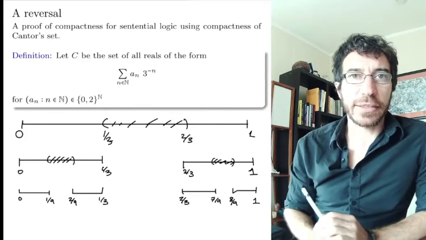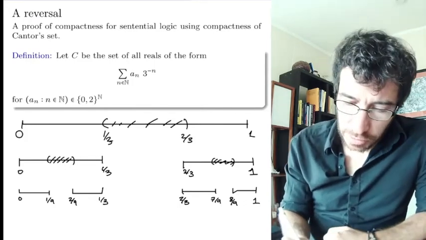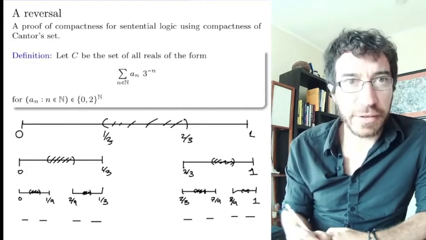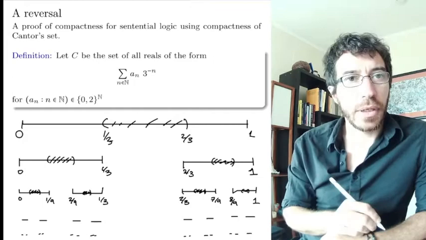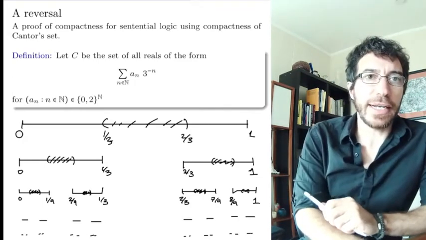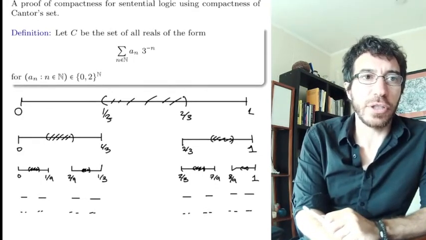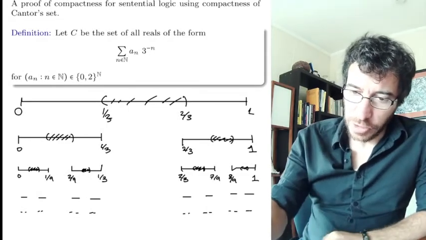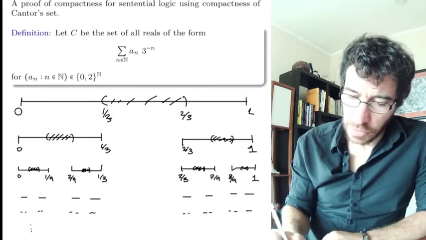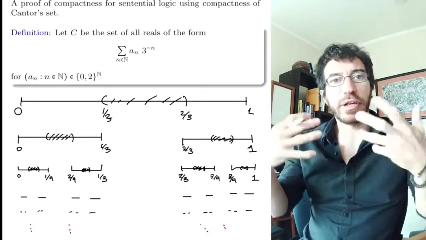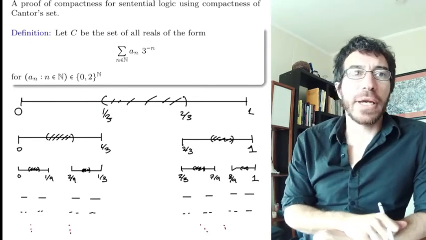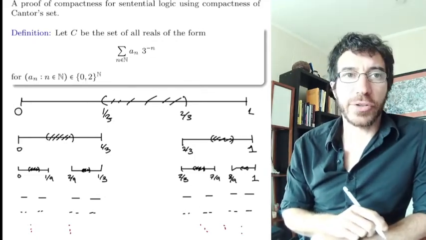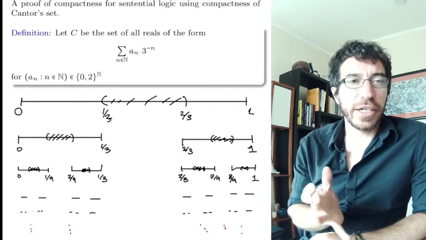And we keep on going like that, removing the middle intervals again and again, and at the end we end up with what is called the Cantor set. The definition I wrote here is different.